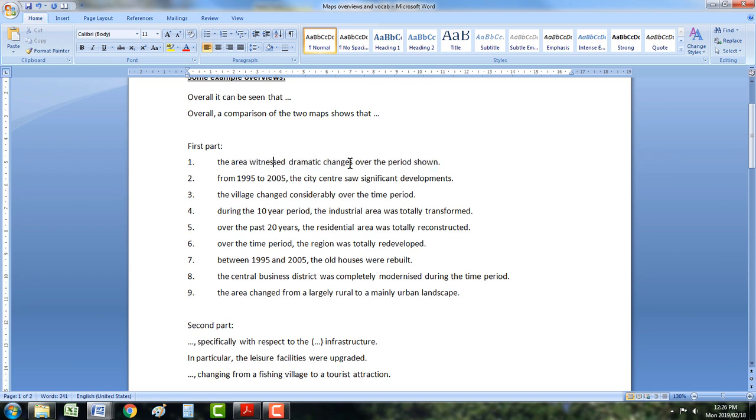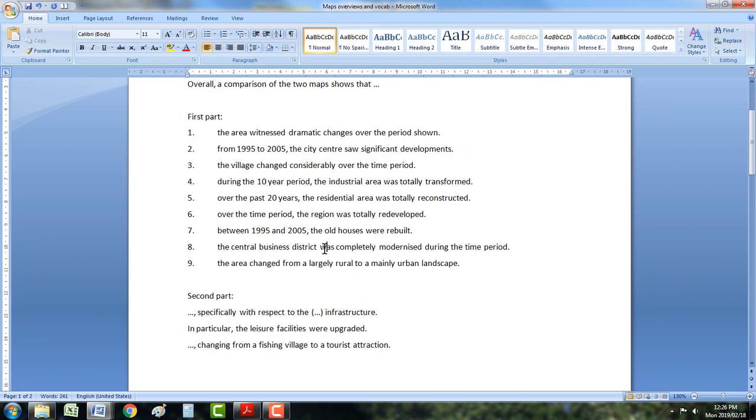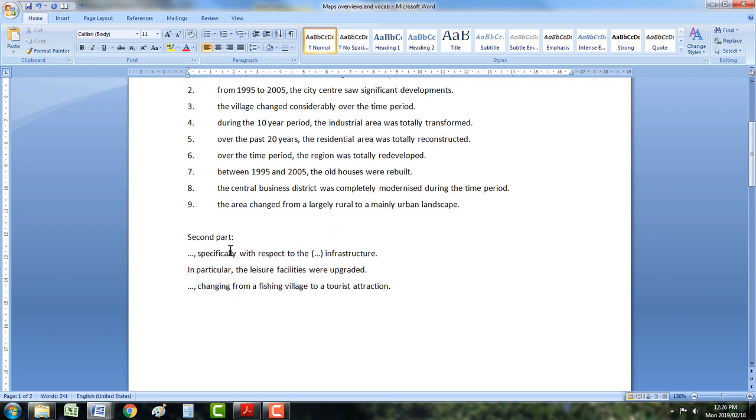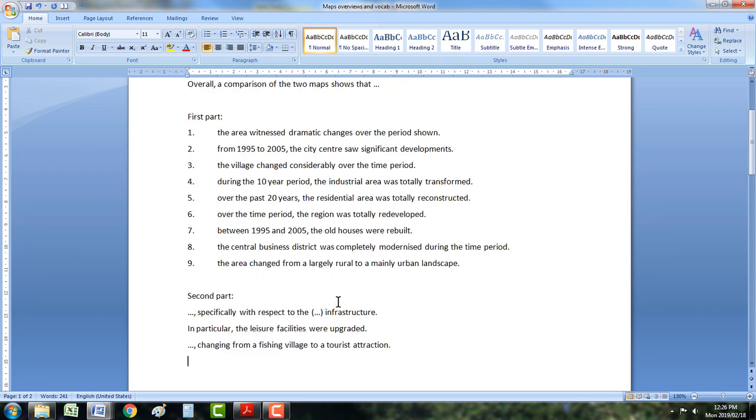The area, the map, or whatever, witnessed dramatic changes, saw significant developments, changed considerably, was totally transformed, was totally reconstructed, was totally redeveloped, was completely modernized. So it's quite a general sort of thing. And then, if you can, you're going to add on something. It can be a whole second sentence. You can have a 2-sentence overview, or you can do a comma and add something more, but it must be more general. Don't get too specific.